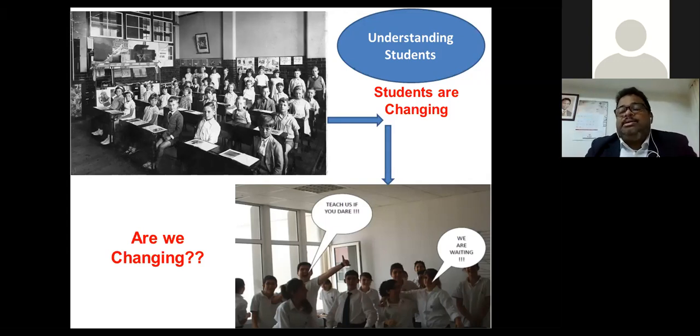This is one thing I would like to say, that understanding students depends on their age, whether they are university or college students, their gender, and so many things. And a student of the US and students of India are not the same. All these things I can understand, but the basic thing now is different.